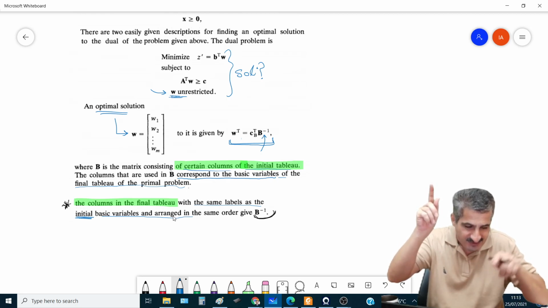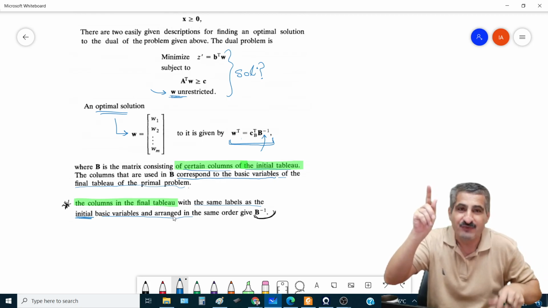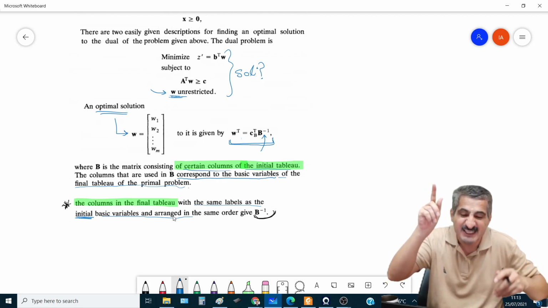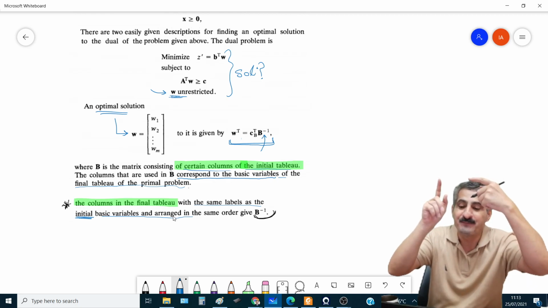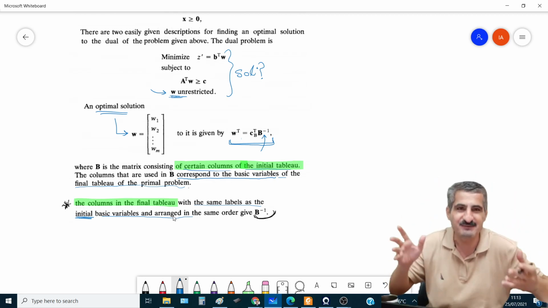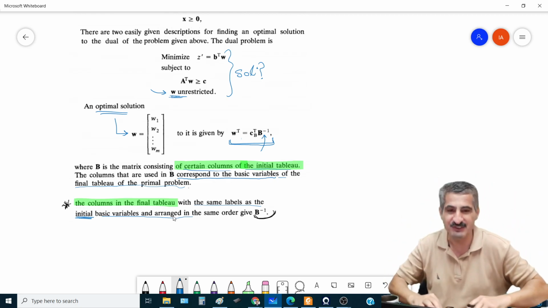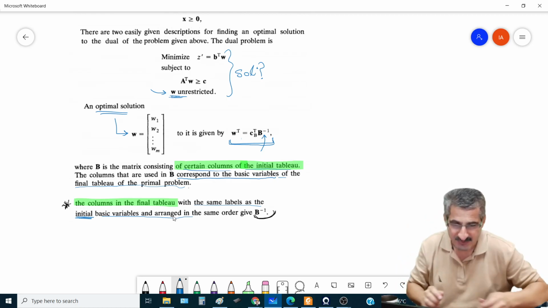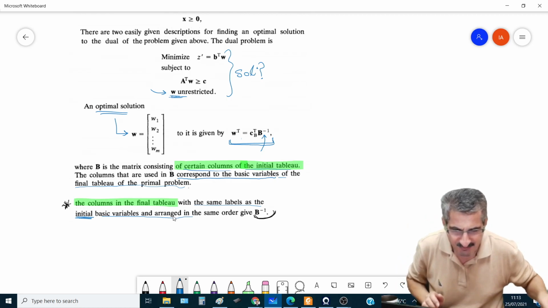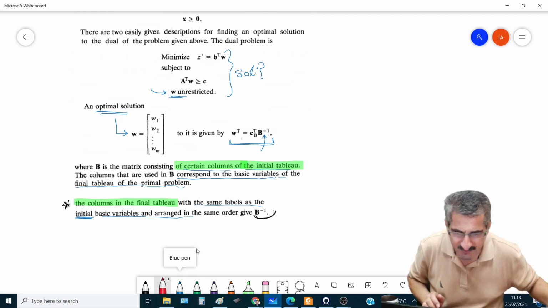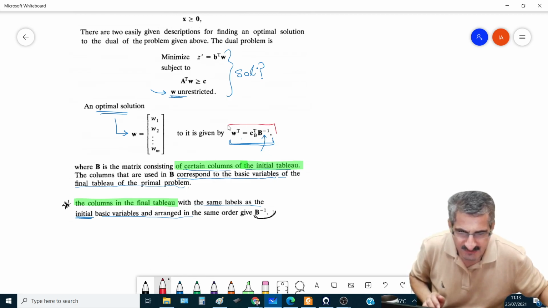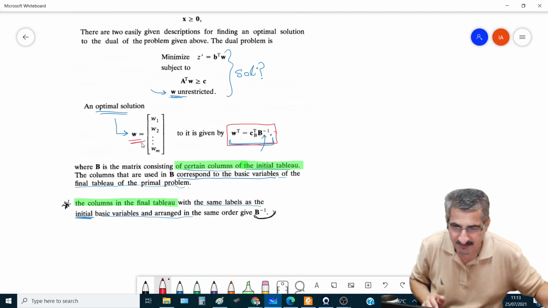They are this and that, and take the columns from the final table, but under the initial basic variables. This is much easier for obtaining B inverse. Okay, so obtaining this matrix B, and using C_B^T, we get W, which is a solution for the dual.